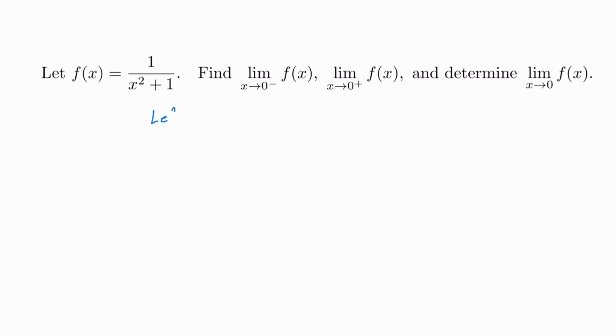So for the left-handed side, we're looking as x approaches 0. So let's choose some values that are close to 0. So for the left-handed side, let's start with negative 1, negative 0.5, negative 0.1, negative 0.01, and negative 0.001.